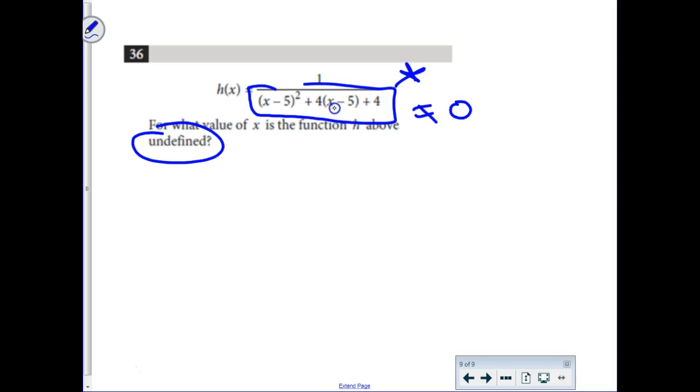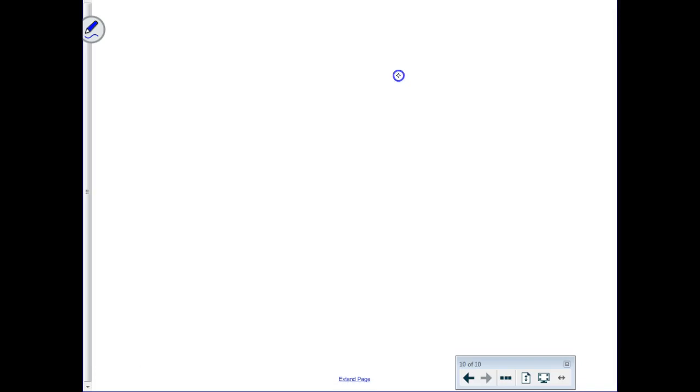So you have to really manipulate this, like FOIL it out. And this is the part I'm extremely worried about. Why? A whole bunch of kids go, oh, well, that's x squared plus 25. And I want to forehead smack myself. No, it's a foiling question. It's x minus 5 times another x minus 5. So you have to do a little bit of work there. So watch out. Once you get it in standard form, you can tell me the values that make it 0. But pay careful attention to that question.